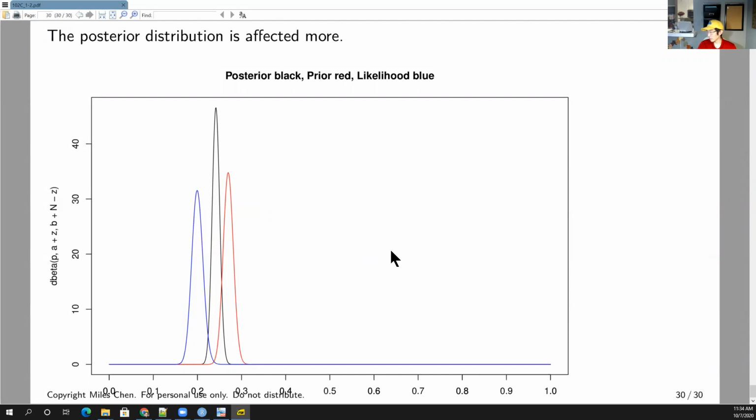I don't have any examples of this, but the more and more data you collect, the likelihood is going to have a smaller and smaller amount of spread around it. Eventually it's going to overwhelm whatever prior beliefs you've had. And depending on how much data you've collected, the posterior distribution is going to look a lot more like the likelihood there.